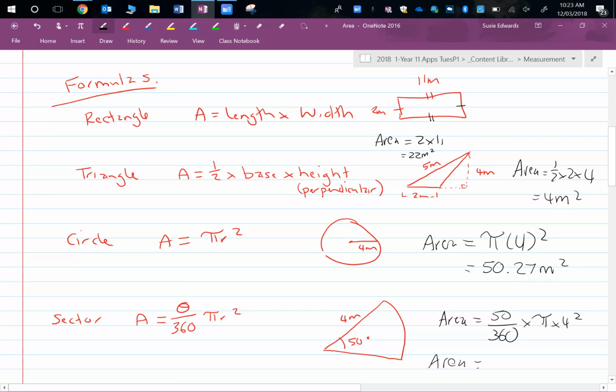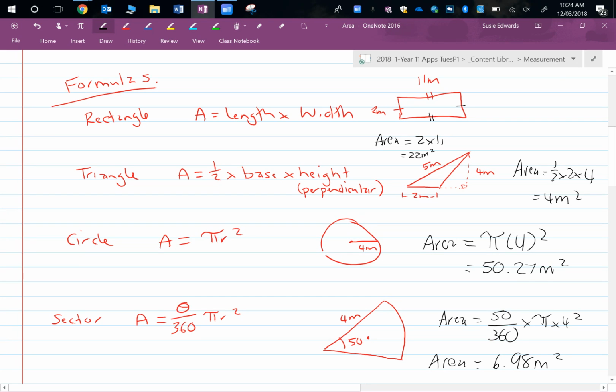Which someone's going to chuck in their calculator for me. 6.98. Thank you very much. Square meters. Everyone okay with that?